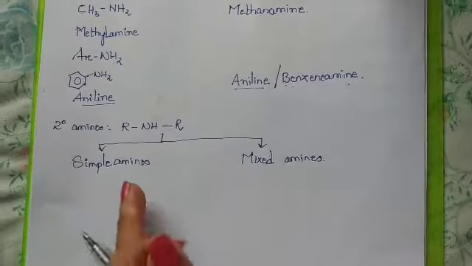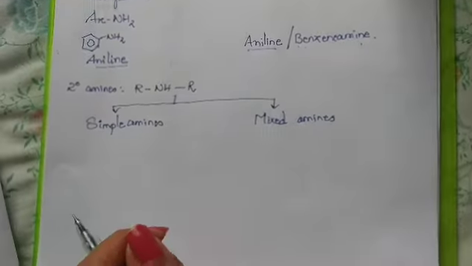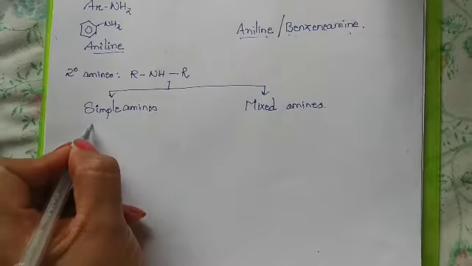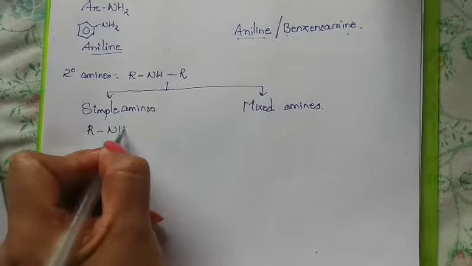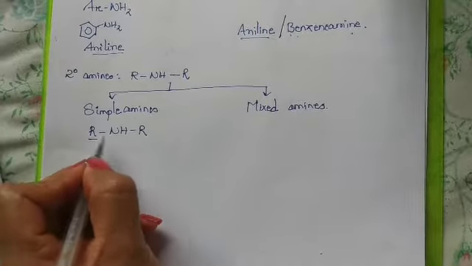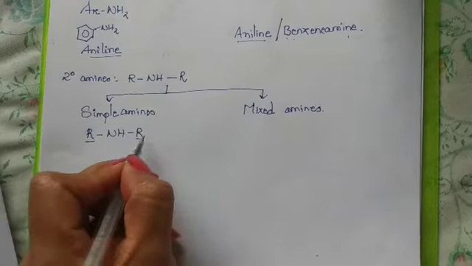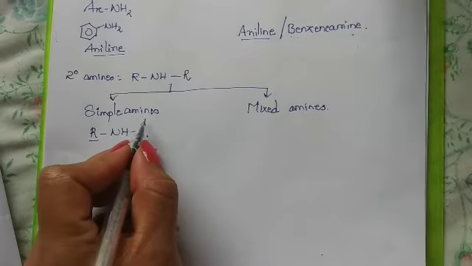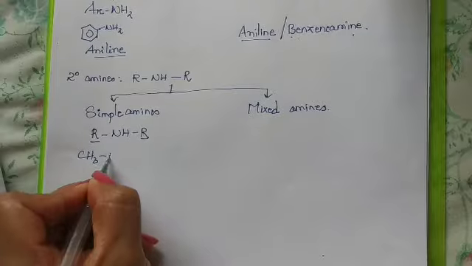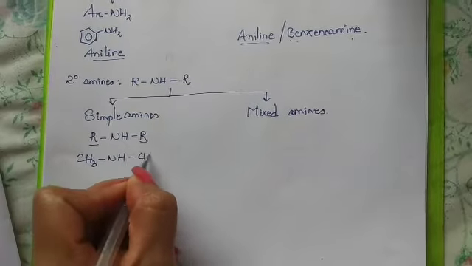I have already discussed this in the first video, but let me explain it again. In simple amines we have RNHR, which means that the two alkyl groups are the same. For example, we have CH3NHCH3.